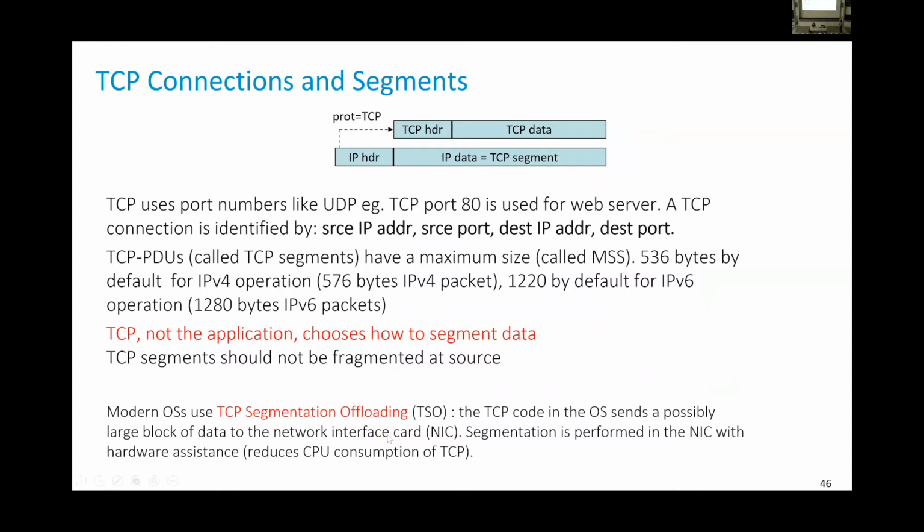Modern data center computers will do the decision of packing the data into IP packets only on the communication adapter, so well after the application has done the send and completed the send. This is allowed because it is TCP, not the application, that chooses how to segment data. Segment data means how to create TCP packets with the data.